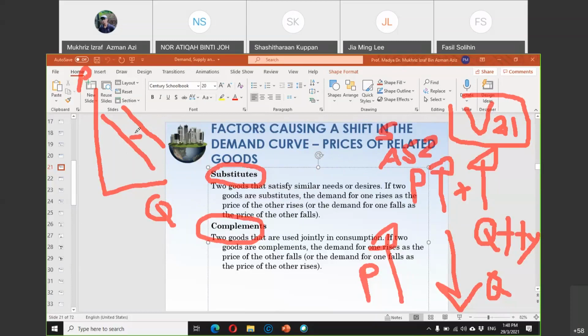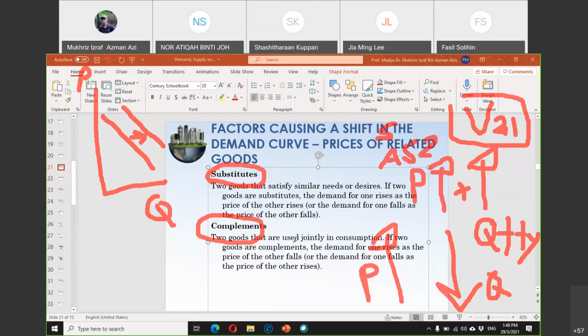Why to the right? Because the price of Samsung phones goes up, people will switch to buying Vivo, so the demand for Vivo will go up. For substitutes, you must know which graph you are referring to: the effect of Samsung on Vivo.